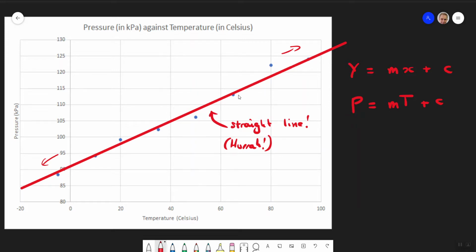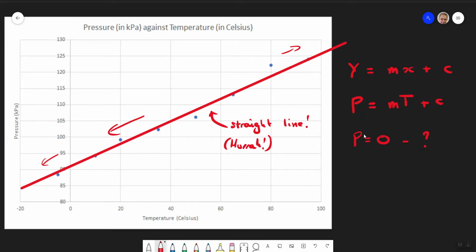And there is something to be considered about what happens if you keep going this way. If you keep going along this line, eventually you're going to cross a point where the pressure is equal to 0. Where the y value, on a straight line, would eventually hit a point where pressure would be 0. And the question, therefore, is what does that mean?